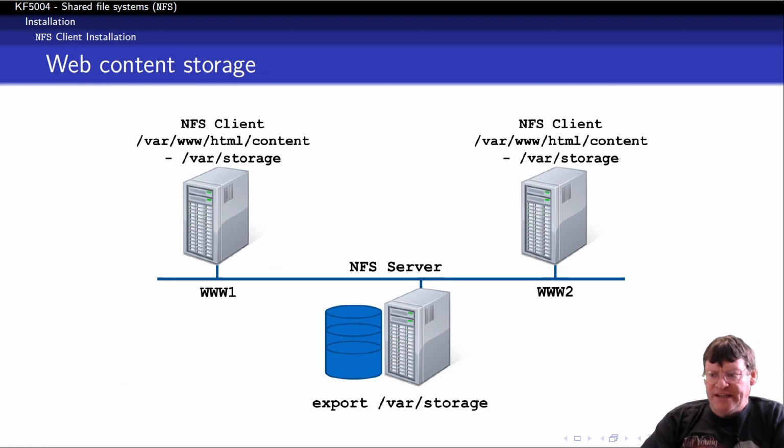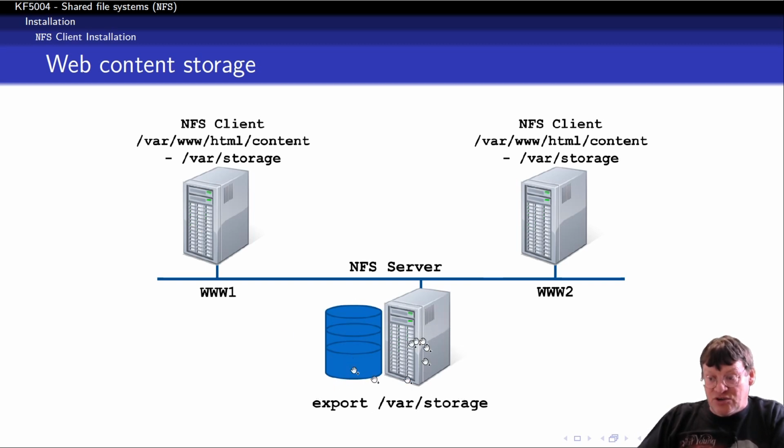So where are we getting to at this point? Well, when it comes to the web content storage, what we've actually got is each of the machines, so this is web server 1, web server 2, basically in here, when we boot the machine, automatically this folder will be mapped to storage, and this folder will be mapped to storage, but storage actually exists here.